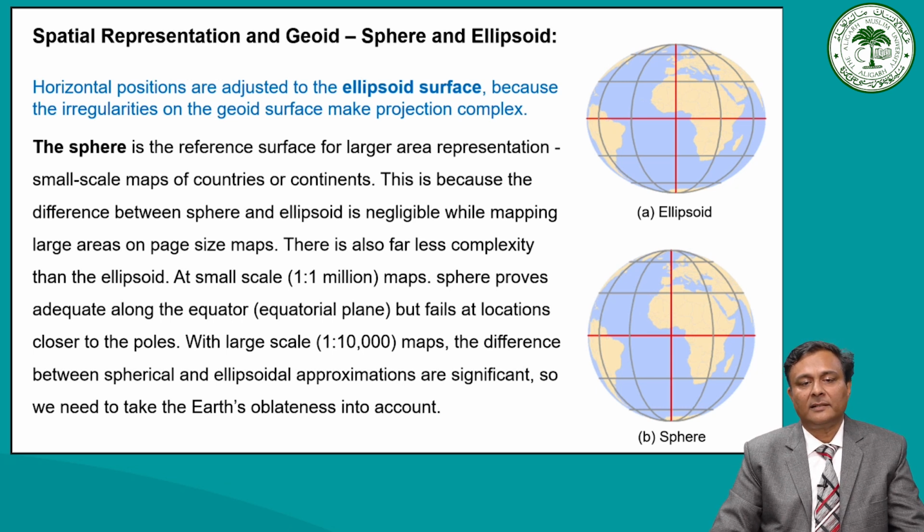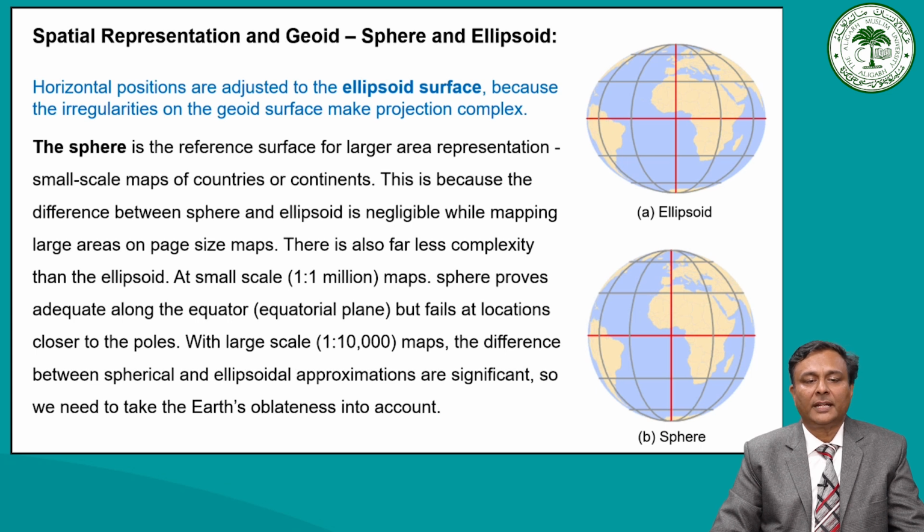At a small scale, for example 1:1 million maps, a sphere proves adequate along the equator, near the equatorial plane, but fails at locations closer to the poles. With large scale, for example 1:10,000 maps, the difference between spherical and ellipsoidal approximations is significant.